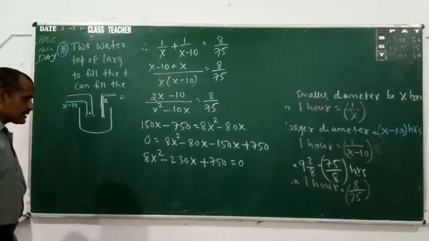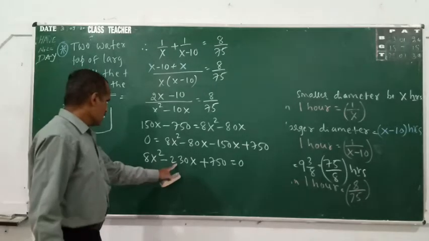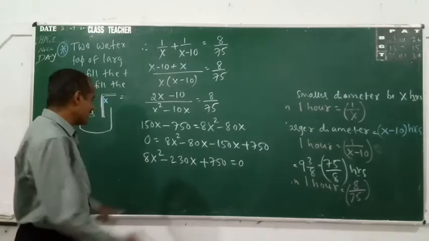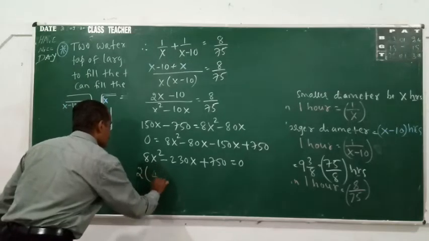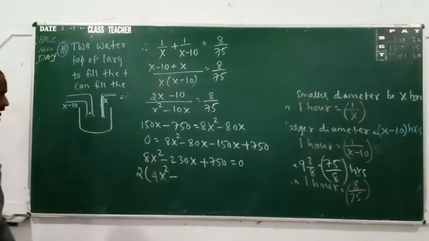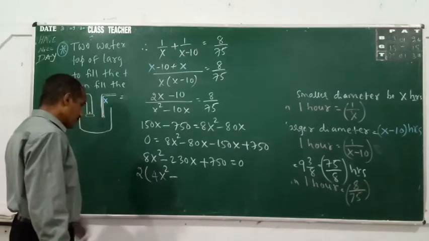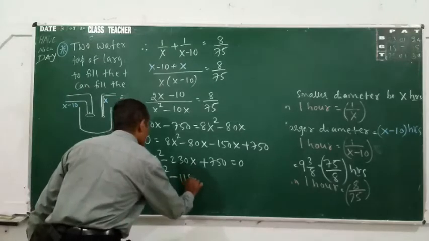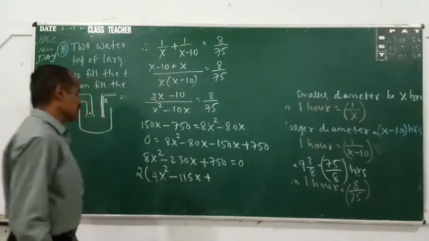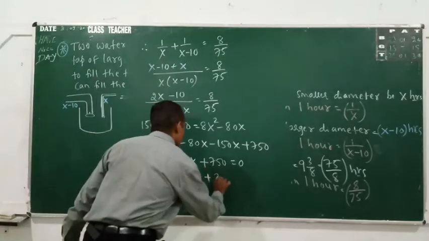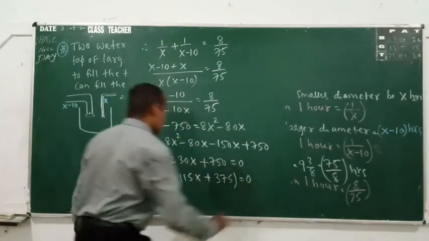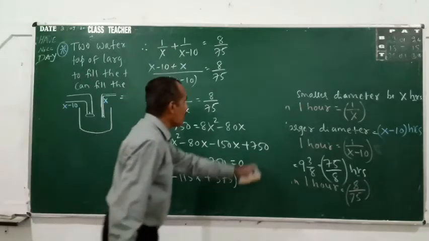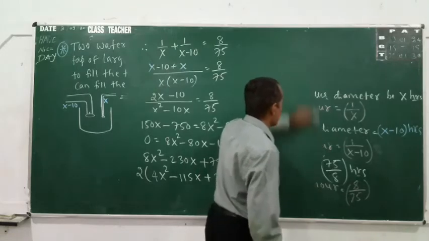My dear children, let us go for simplification. Can I take 4 as a common factor? No, I can take only 2 as a common factor. Into bracket: 4x squared minus 115x plus 375 is equal to 0. This 2 will go to the denominator of the RHS.